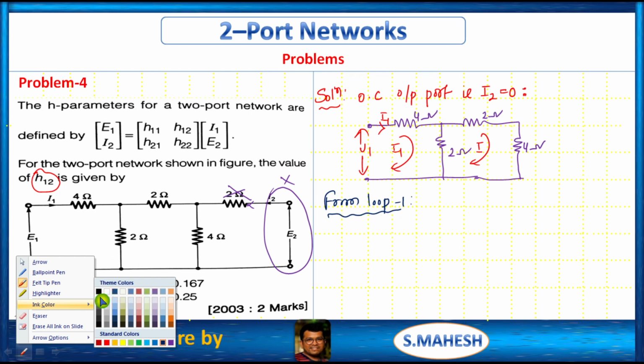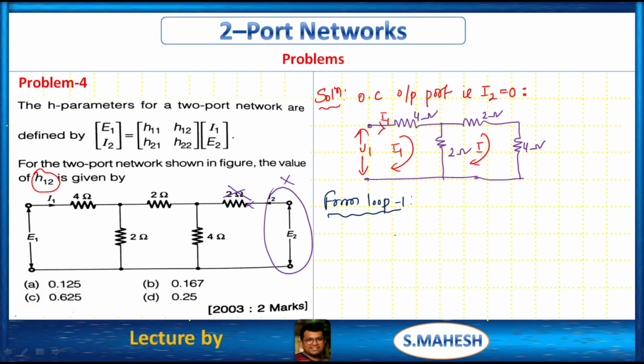We have given this as E1, not V1. E1 equals 4I1 plus 2I1 minus I, then E1 equals 6I1 minus 2I. That's it. This is equation 1.